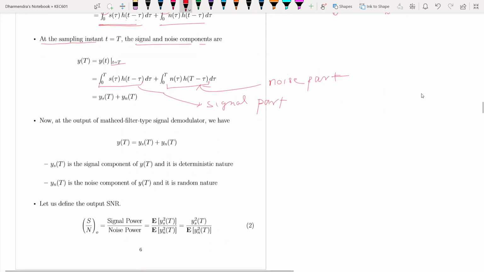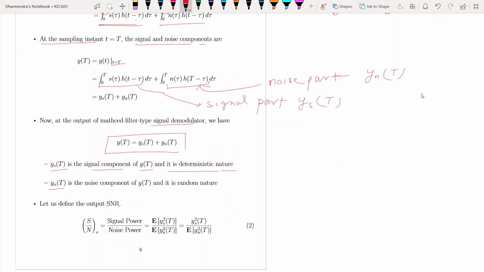Now at the output of the matched filter signal demodulator, y of t has a signal part, which is denoted as y subscript s of capital T, and a noise part, y subscript n of capital T. This is the signal component of output y of t, and it is deterministic in nature. y n of T is the noise component of the output of the matched filter, and it is random in nature.